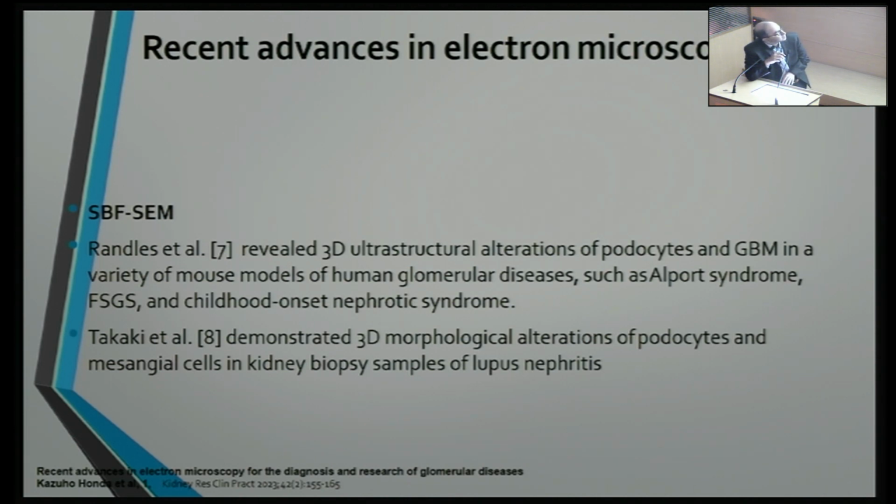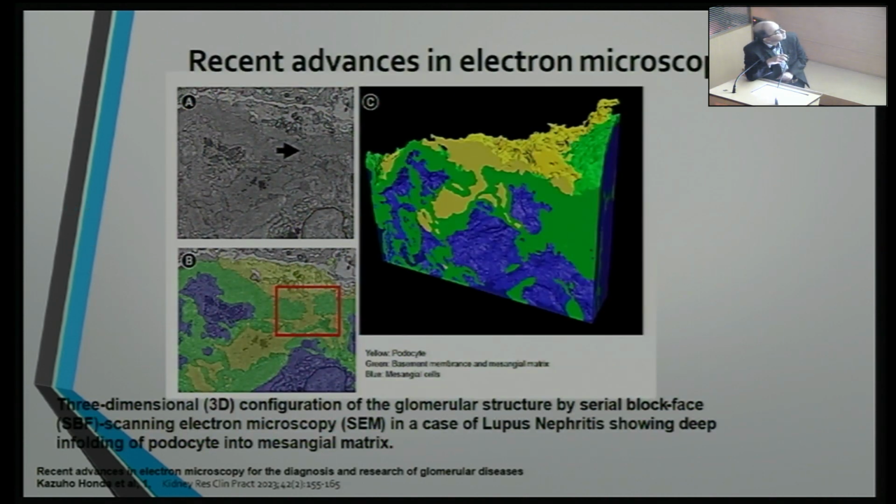The researchers have shown 3D ultrastructural alteration in the podocytes and GBM in a variety of mouse models of human disorders. 3D morphological alteration of podocytes and mesangial cells in biopsy samples of lupus nephritis have also been shown. This is one of the images. They have shown the 3D ultrastructural alteration on EM images. This is part of the podocyte here, and this is the mesangial matrix.